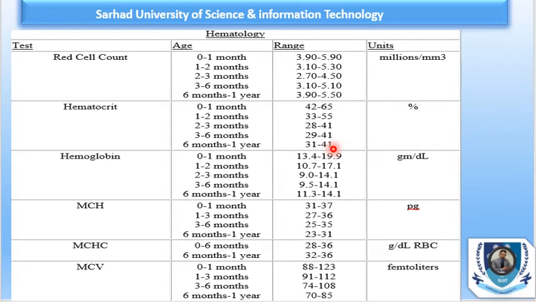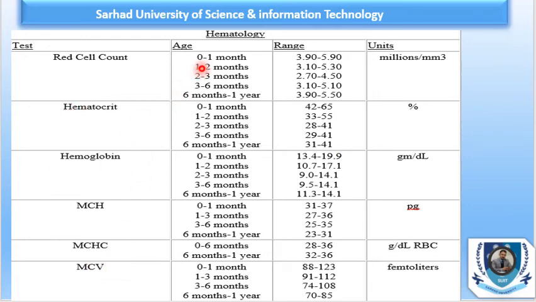Now remember one thing: whenever you are looking at a peripheral report or CBC report, you must look at the age and sex. For adult males and females we have different values, and for infants we have mostly different values. So this is a very important chart, and it must be in your labs.